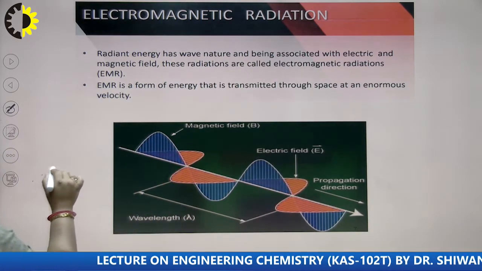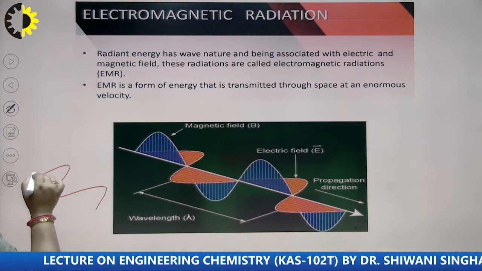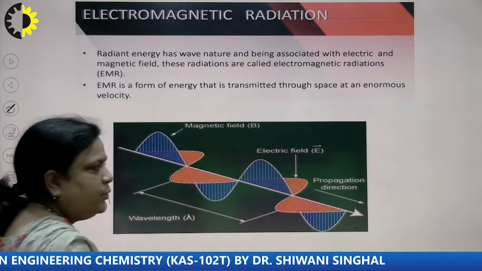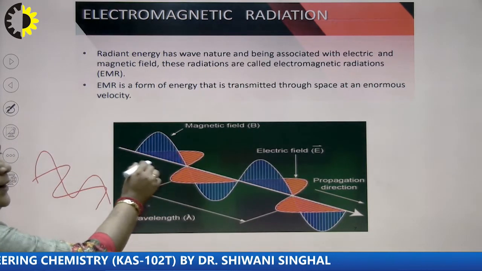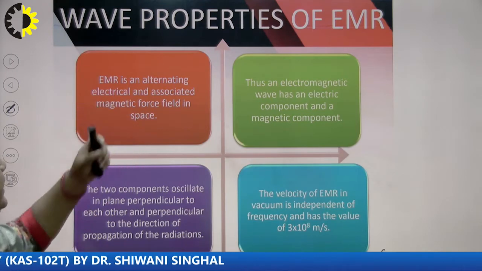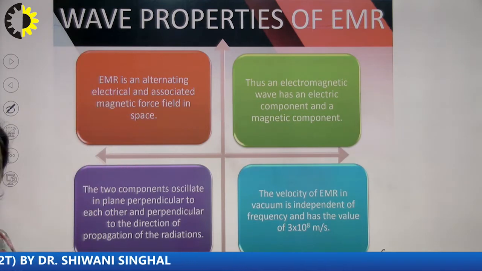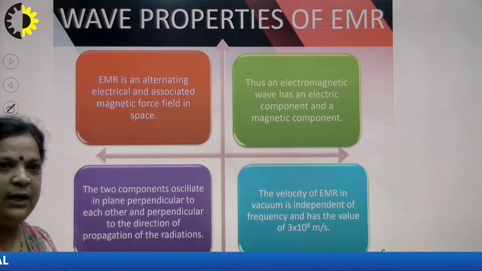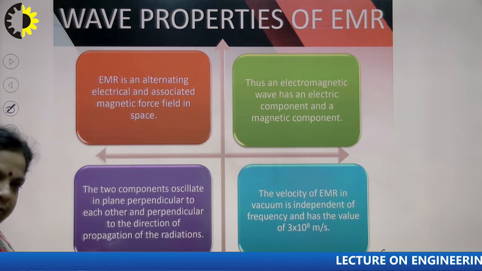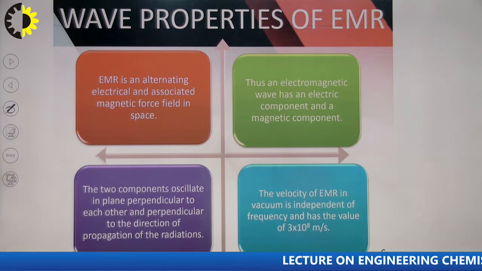Suppose this is the electric vector and the magnetic vector is shown by the blue portion, and both are perpendicular to each other. So, we can say that EMR is the alternating electrical and associated magnetic force field in space, and thus it has an electric component as well as a magnetic component. These two components oscillate in planes perpendicular to each other and to the direction of propagation of the radiation.